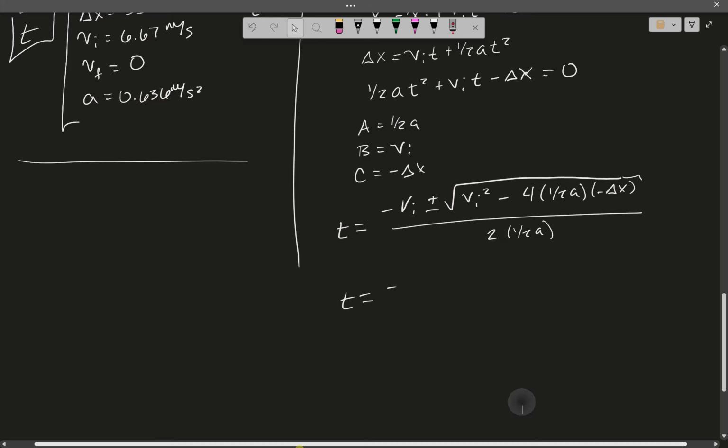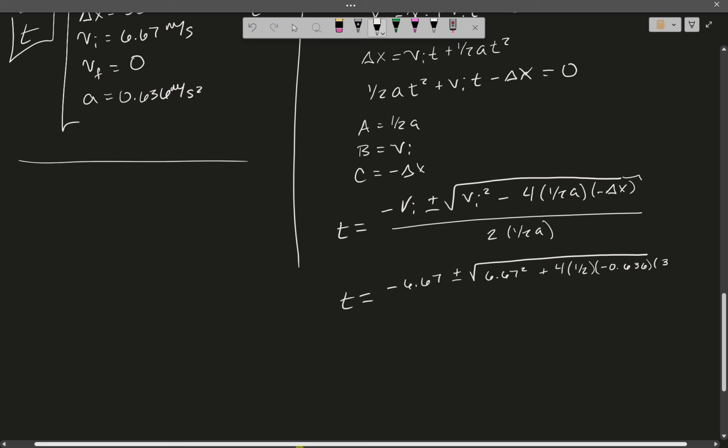Negative, my v_i was 6.67, plus or minus the square root of 6.67 squared minus a negative, which is going to give me a positive, plus 4 times 1/2 times my acceleration, negative 0.636.